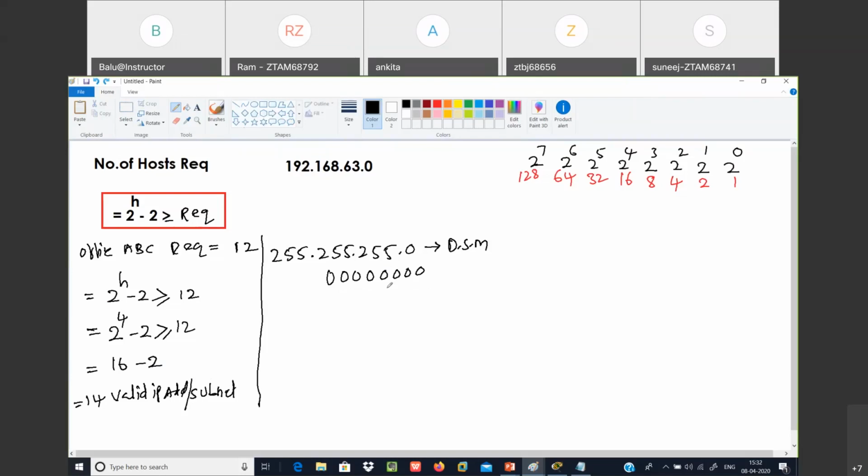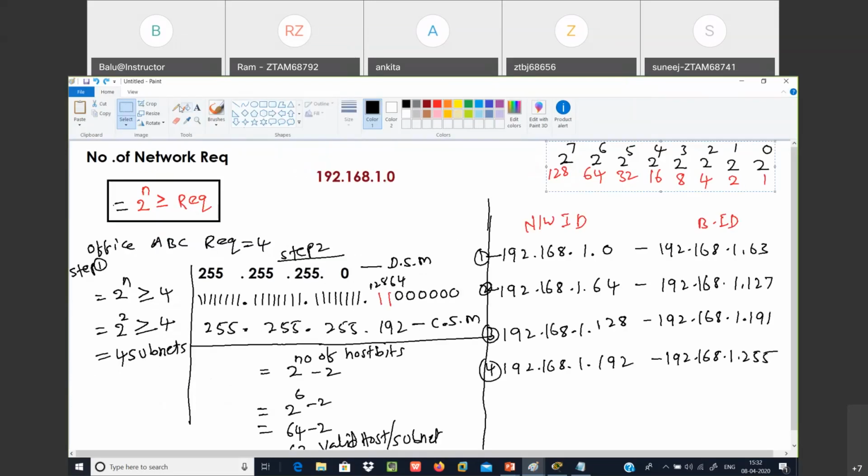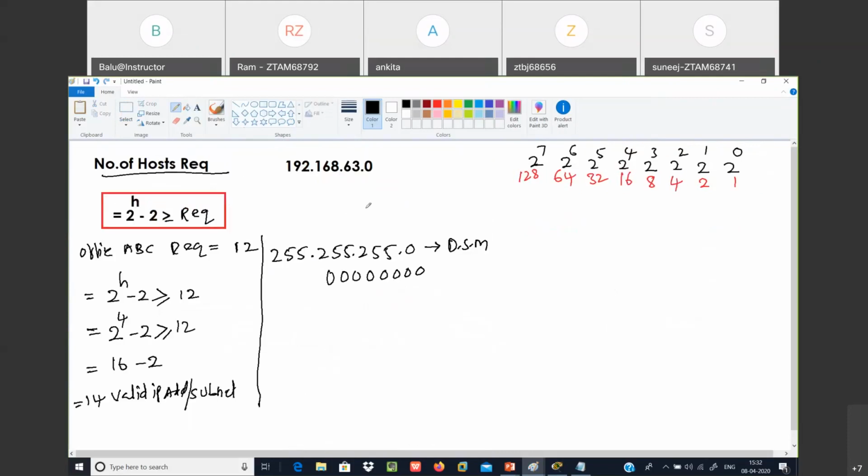But how do we convert? The method of conversion is very important here. In the number of network requirement, we converted from left to right, like 1, 2, 3 in this direction. But now, when converting for the number of host requirement, we need to convert from right to left. Not like this, it is very wrong.